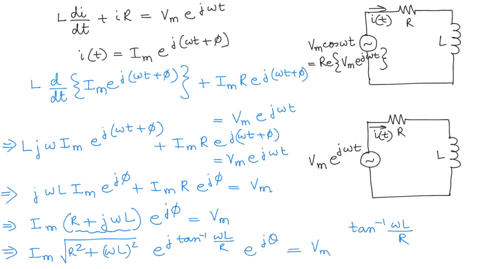Now if the left hand side and the right hand side are equal, then we know that this magnitude term should be equal to Vm, and the phase, phi plus tan inverse omega L by R, should be equal to 0.